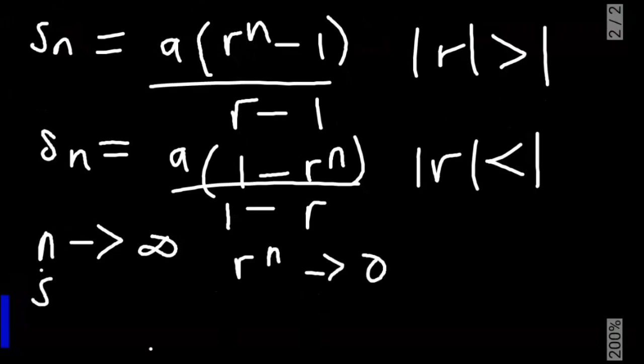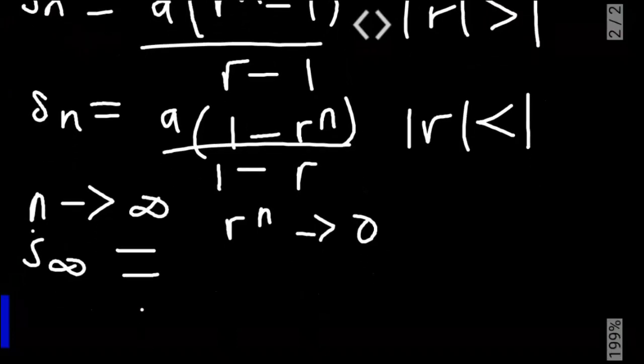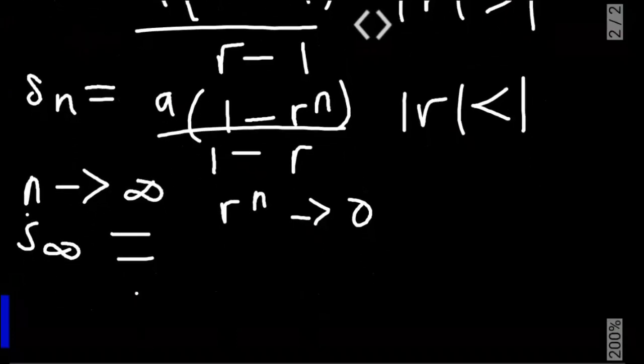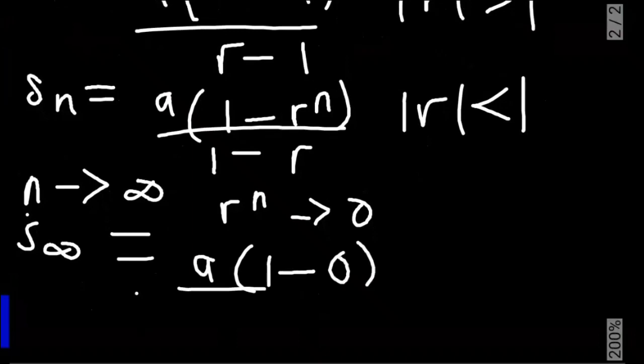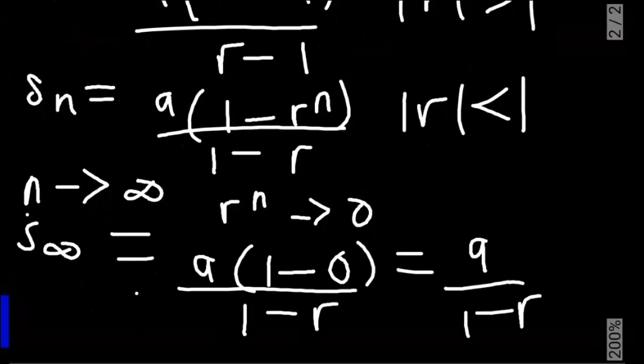So it means that our sum to infinity would be a times 1 minus, since this is getting to 0, we have 0 here, over 1 minus r. So this is 1 minus 0, which is 1, so we have a over 1 minus r. So this is the formula to get the sum to infinity.